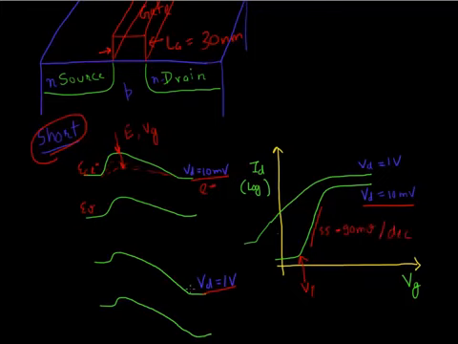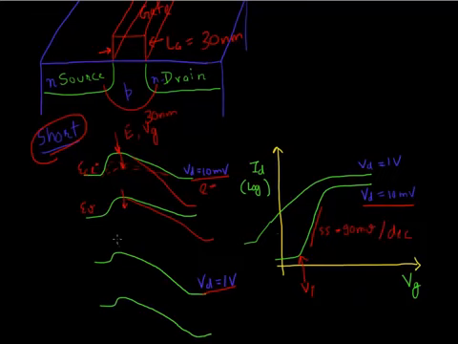But now look what happens if you apply a high drain voltage. Since your drain is now very close, it's only 30 nanometers away from your source, applying a high voltage on your drain tends to affect this potential barrier which exists for electrons to flow from the source to the drain.